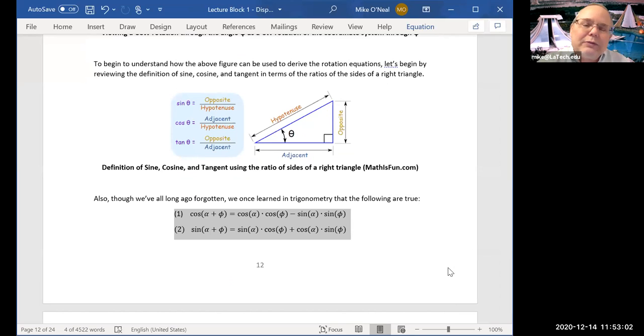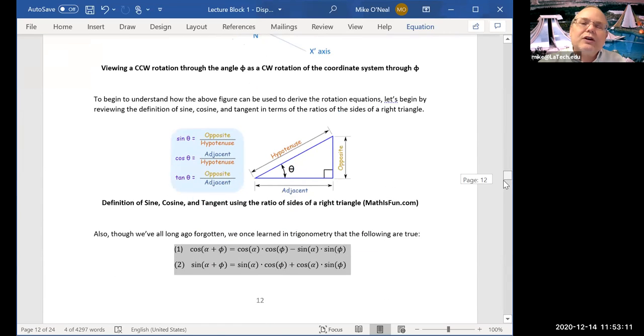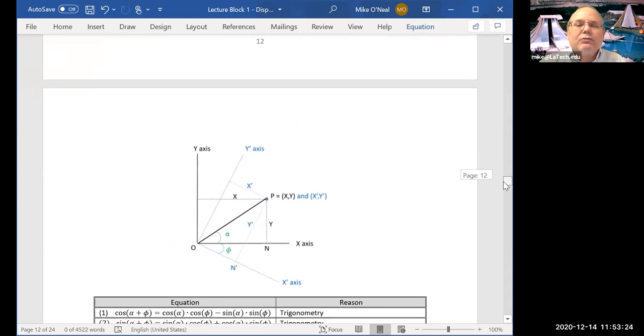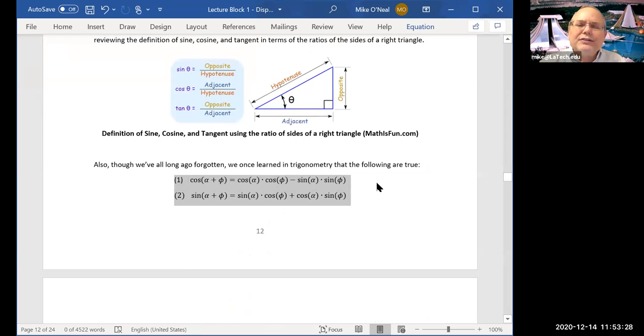I'm sure I could sit down for 20 minutes and convince myself it's true, because it comes from the situation where we have two angles and we want to add them together and figure out the sine and the cosine of that composite angle given the sines and cosines of the original angles. So somebody long ago worked out that these statements were true.